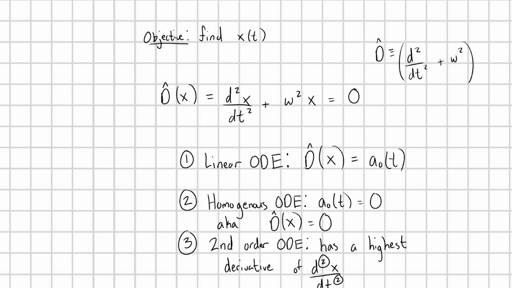So repeat that to yourself, get the language down, and make sure that you feel comfortable describing this as a linear, homogeneous, second order differential equation. Now that we've identified these properties, it's going to make it 10 times easier to solve this diff-EQ. So that's our next step. Let's go ahead and solve this differential equation.